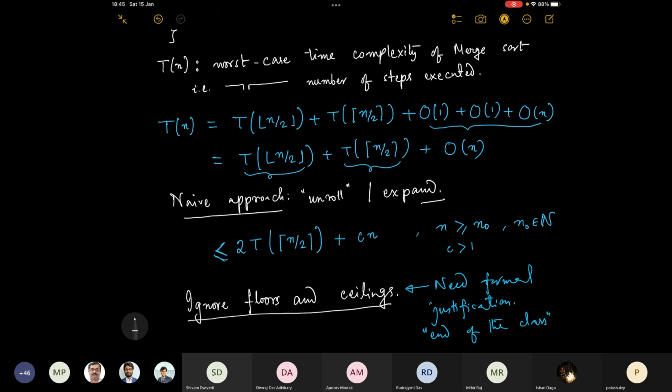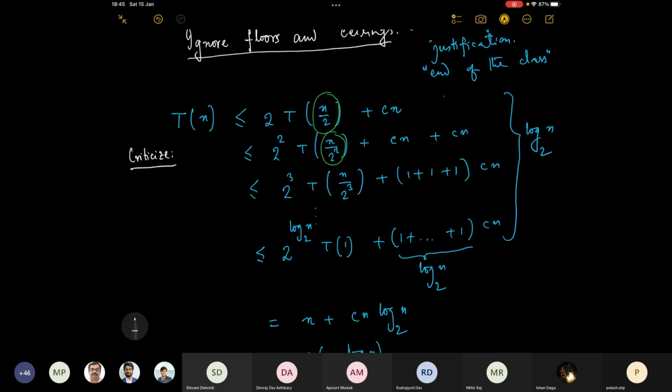Now for n equal to some non-integral value, say 20.5, this definition itself does not make sense. What do you mean by the worst case time complexity of merge sort when it is given an array of size 20.5? It does not make sense. Very good.